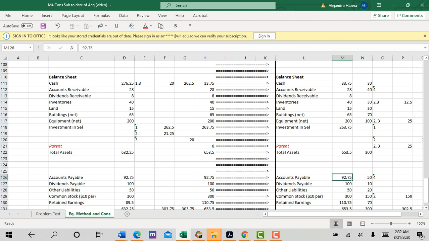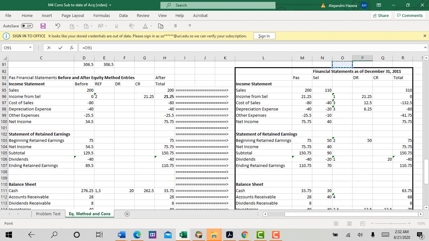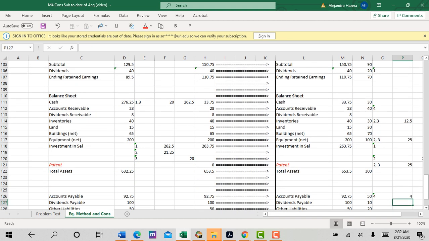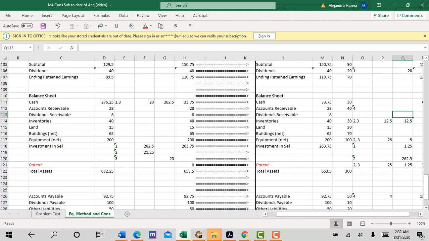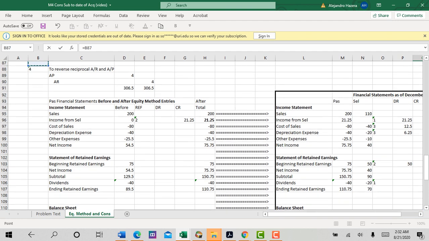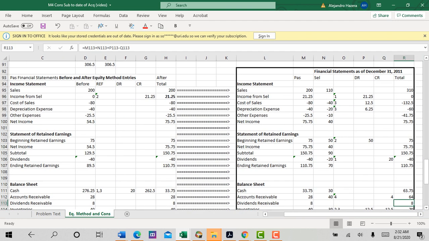That should be a debit to accounts payable of 4, and a credit to accounts receivable of 4. That should finish our consolidation.